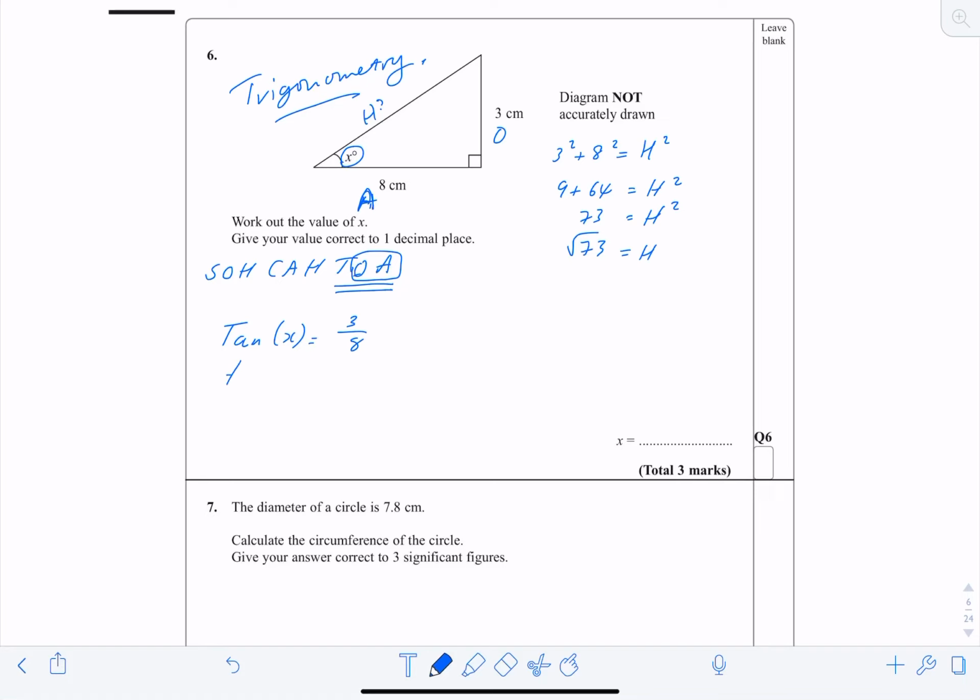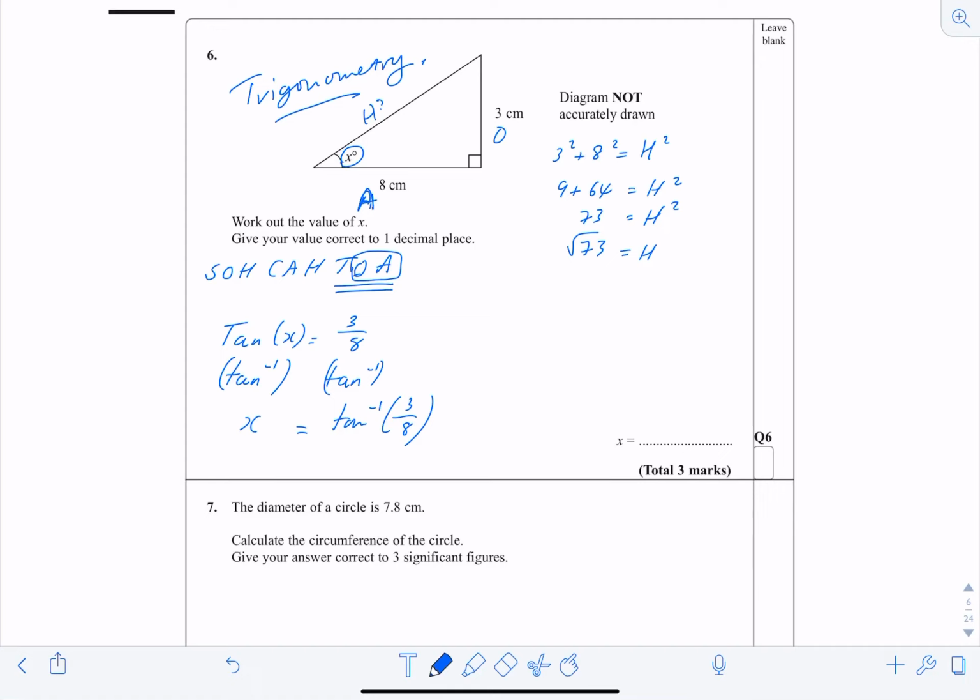Well, I do tan inverse of both sides. And doing that gets rid of the tan on the left-hand side. But of course, I've got to take the tan inverse of 3 over 8. It's basically finding the angle that gives a ratio of 3 over 8 with regards to the tan ratio.